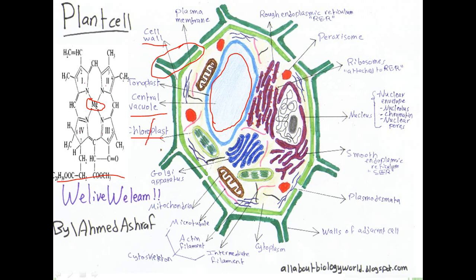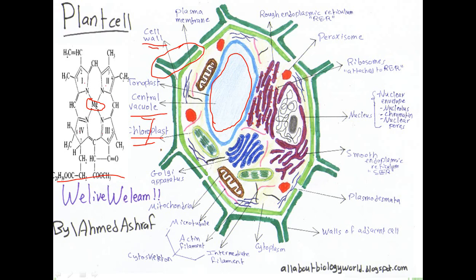So these three components, the cell wall, central vacuole, and the chloroplast, are what define a plant cell from an animal cell. Animal cells usually have very small vacuoles. Sometimes they do not have any. They lack a cell wall, and they also don't have chloroplasts. Also, animal cells have lysosomes, which are small organelles that digest anything.